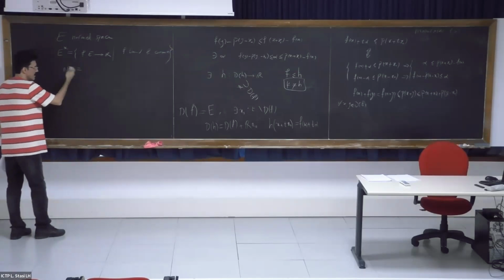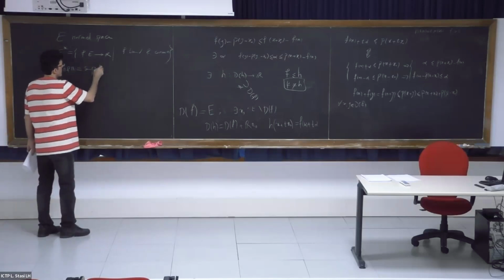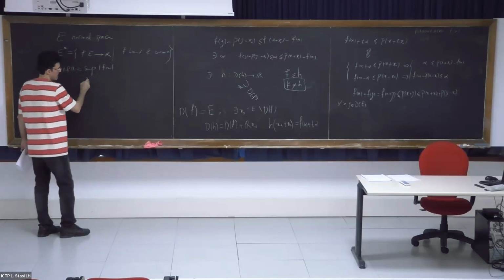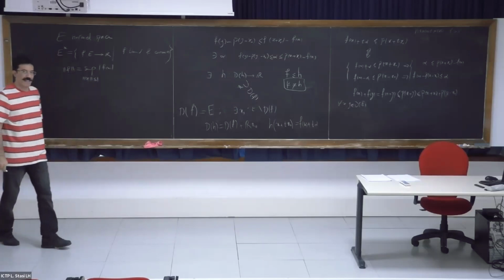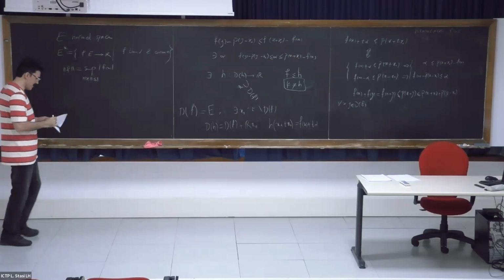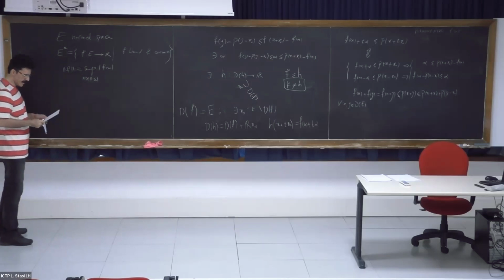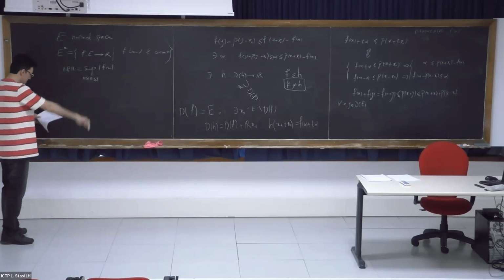and we may define a norm for f as the supremum of the absolute value of f of x for x in the unit ball. It is an elementary notion to prove that this is a norm and other properties.